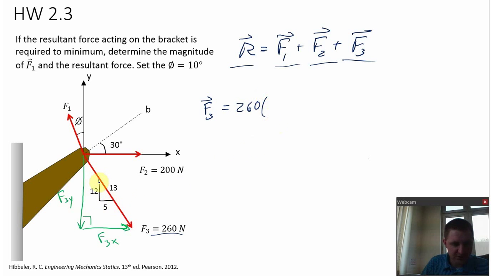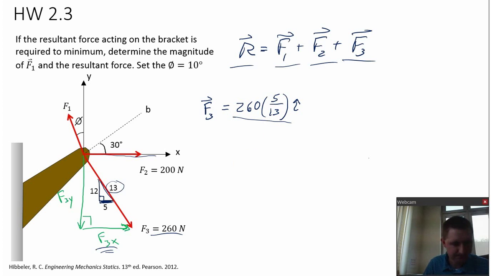Now, I need to use this right triangle with that right angle to find the x component. I know that this leg 5 is parallel to the x-axis. So I use the ratio of 5 over 13, which is the length of the hypotenuse, multiply that ratio times the magnitude, and that gets me F3x here. Don't forget the unit vector i hat on this component.